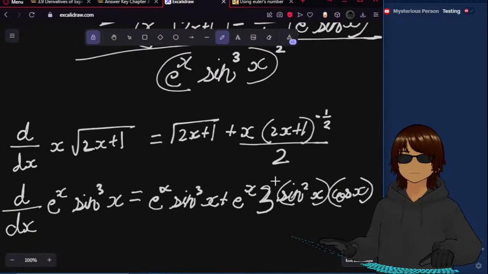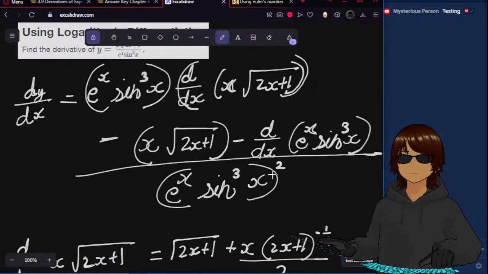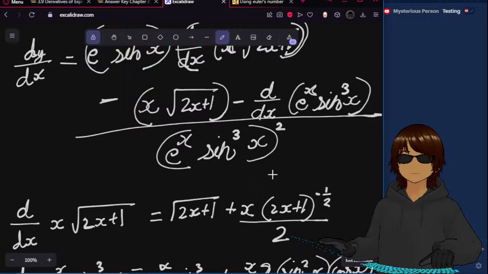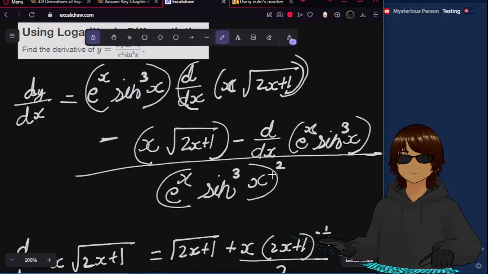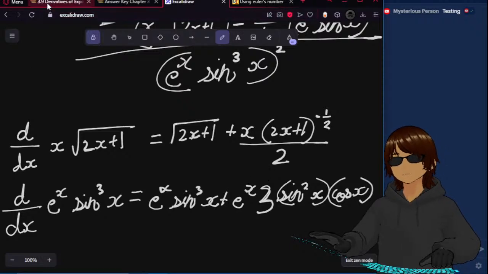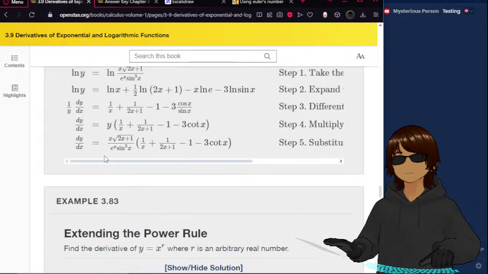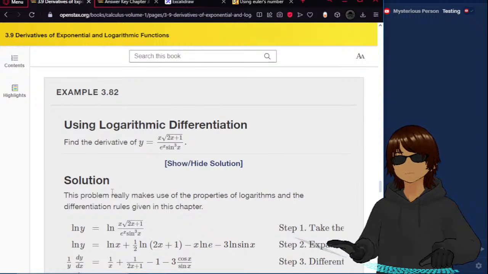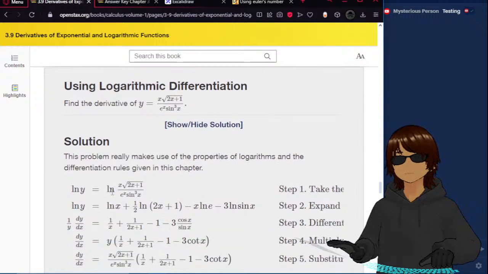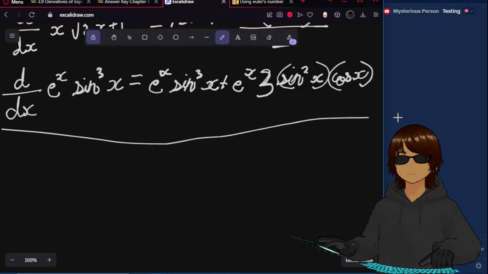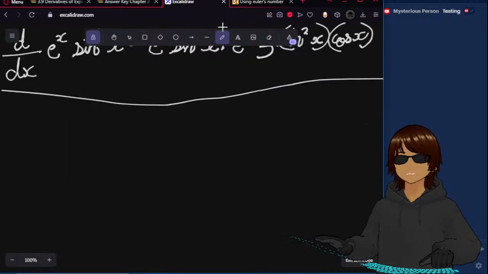Then what? Is there a way to simplify? Oh wait, it would be easier if I took the ln.